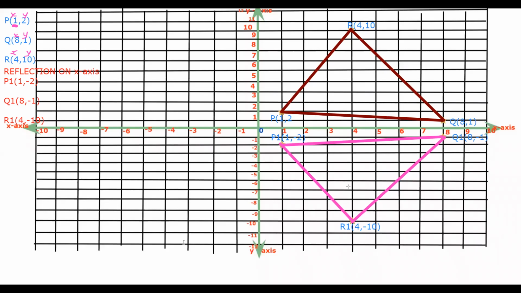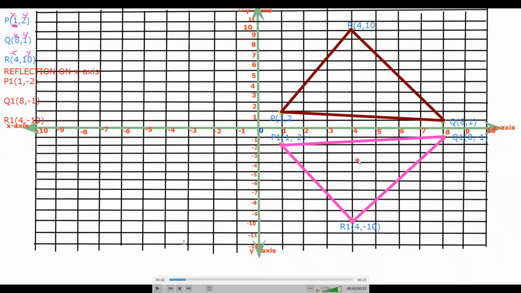So now it's obvious that the distance from the mirror line to the object is the same as the distance from the image to the mirror line here, okay? And whenever there's a shape reflected on x-axis, the x-axis will serve as a mirror line to reflect the image.